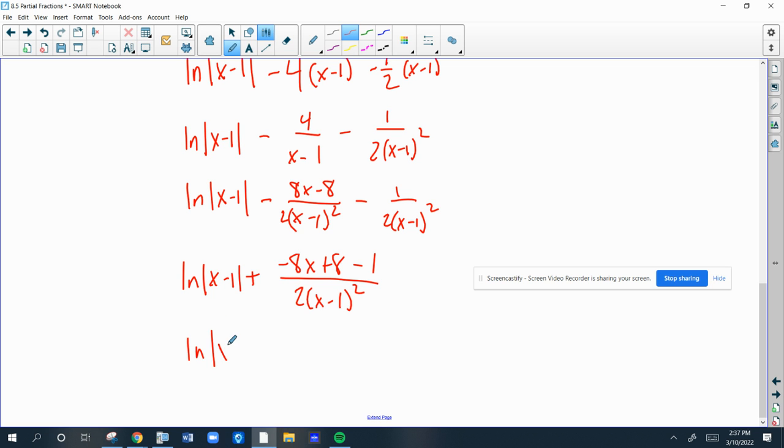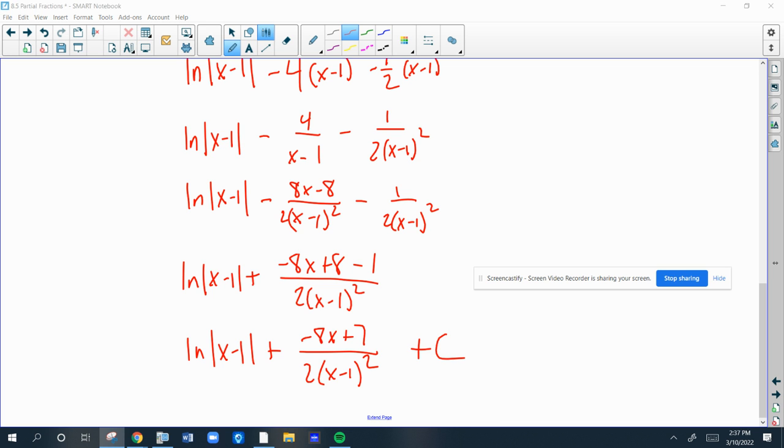I have natural log of x minus 1 plus negative 8x plus 7 all over 2 times the quantity x minus 1 squared. That's all I'm going to do. Add a plus c there, and that is that.